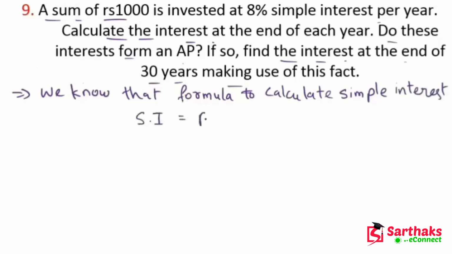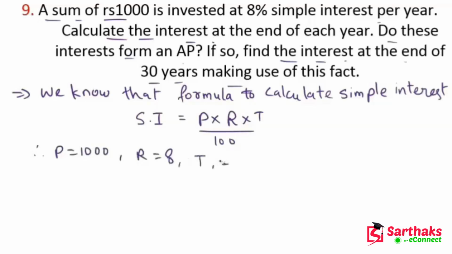SI is equal to P into R into T divided by 100. Here P is equal to 1000, R is 8, and our time is changing, like 1, 2, 3, and so on.